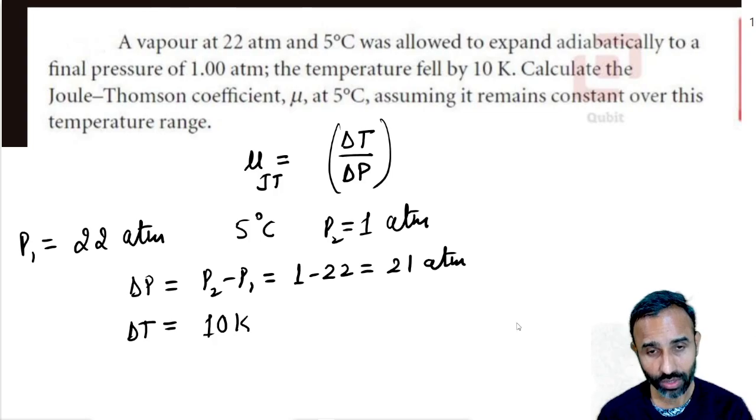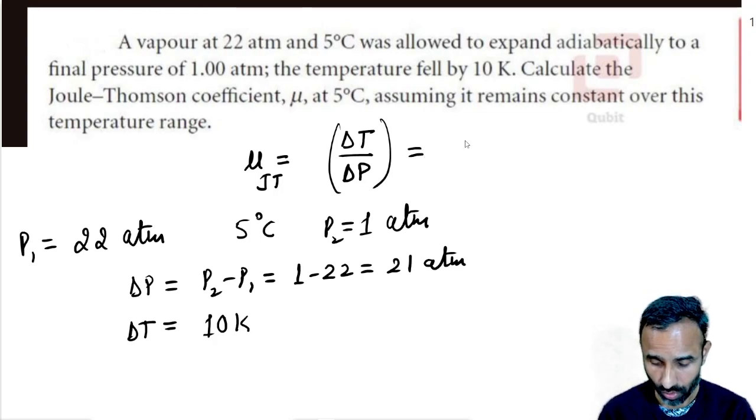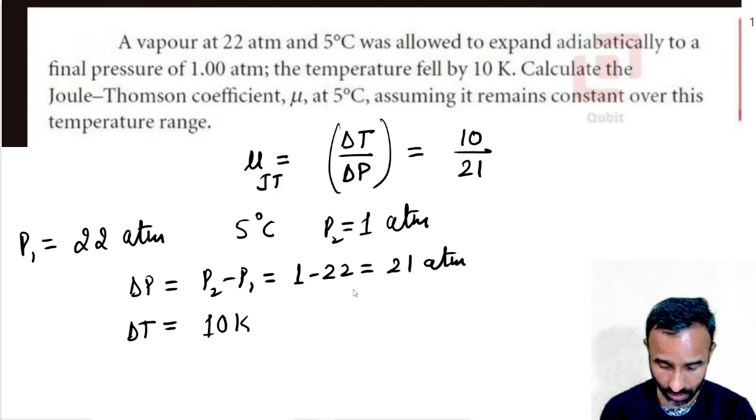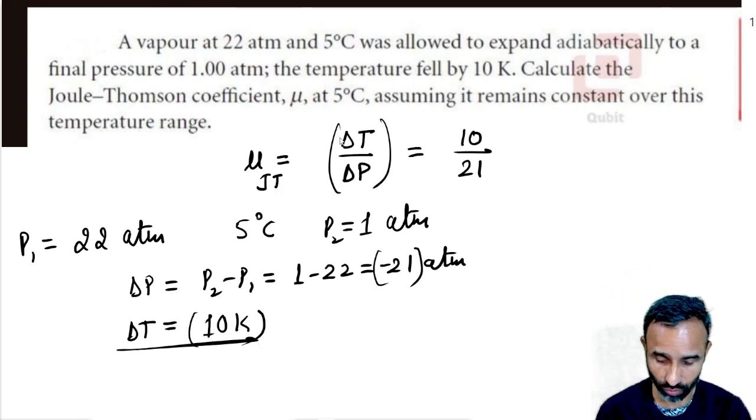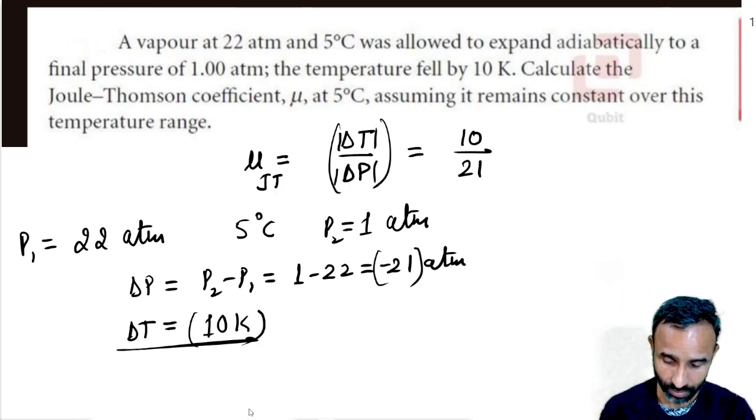So it becomes 10 by 21. Because it is a fall in temperature, it is minus 10, so we will take the magnitude. So 10 by 21.